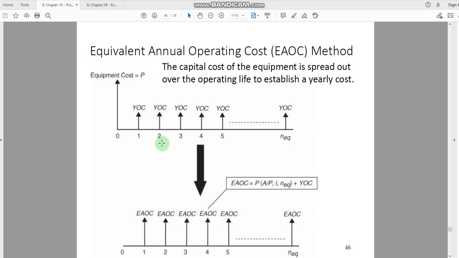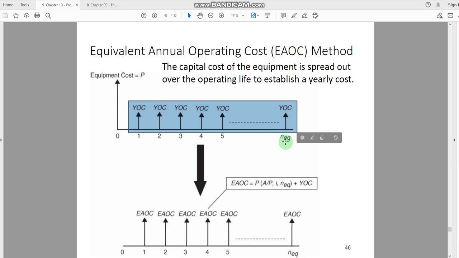Now let us look at the second method for comparing alternatives, which is the equivalent annual operating cost, EAOC, method. The capital cost of the equipment is spread out over the operating life to establish a yearly cost. For example, you buy some equipment with the price P, and these are the yearly operating costs until the lifetime of that equipment.